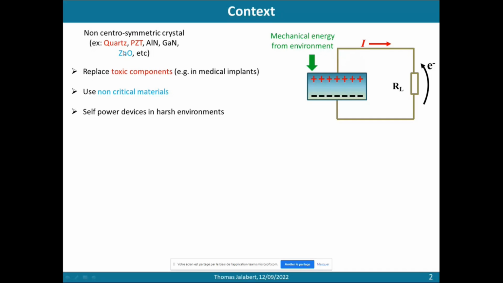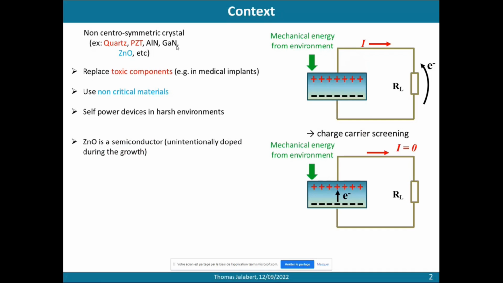Among the piezoelectric materials we know, some of them, such as zinc oxide, are also semi-conducting. Therefore, there are free charge carriers present in the material, which may actually screen the electrical potential created by the piezoelectricity.